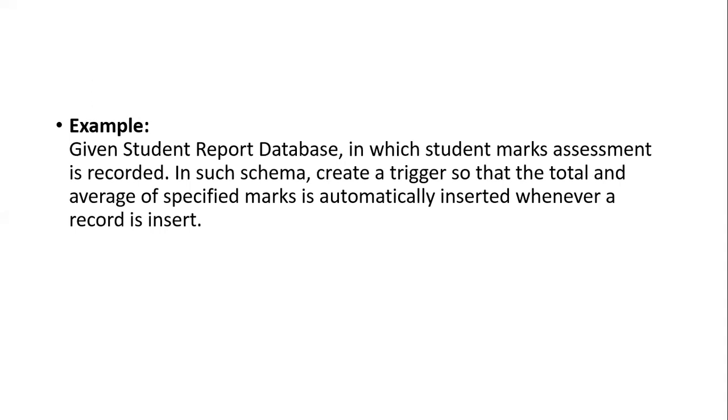Whenever we enter the marks of different subjects of a student, we want to automatically insert their total and percentage. So the task is to automatically insert the total and the percentage, because we are manually inserting only the marks of different subjects, but we want the total and the percentage of a student to be inserted automatically.